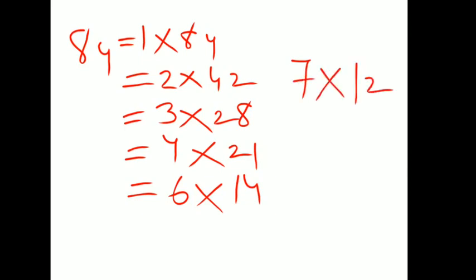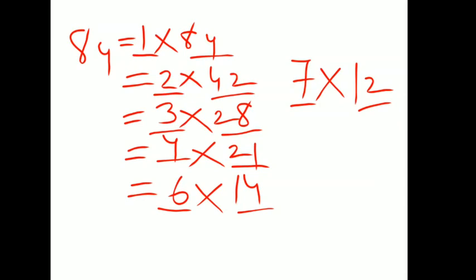So these are all the possible factors of 84. So 1, 2, 3, 4, 6, 7, then 12, 14, 21, 28, 42 and 84 are the factors of 84.